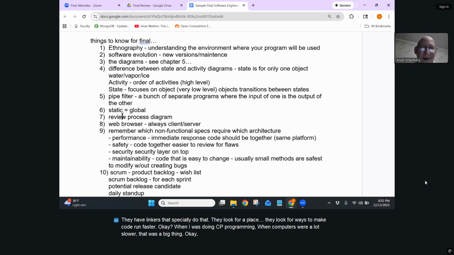Okay. Number six is saying static means global. We already said that. Go through and review the process diagram. Remember that is one of the diagrams, right? Or process or activity diagram.